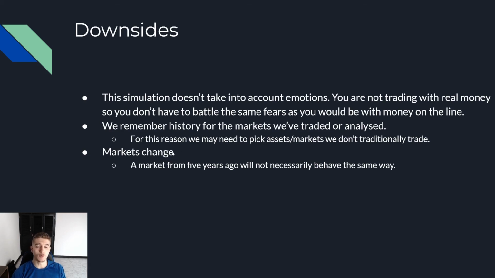So it may not help you with your current trades nowadays as well, and that's just something you have to deal with in this method. But it will help you with getting down the fundamentals of trading, recognizing market structure, channeling, things that really never change as time goes on.